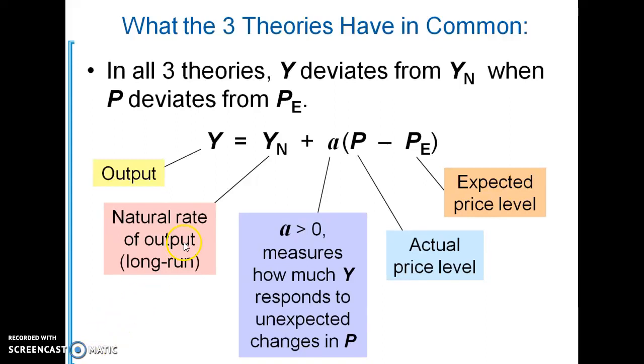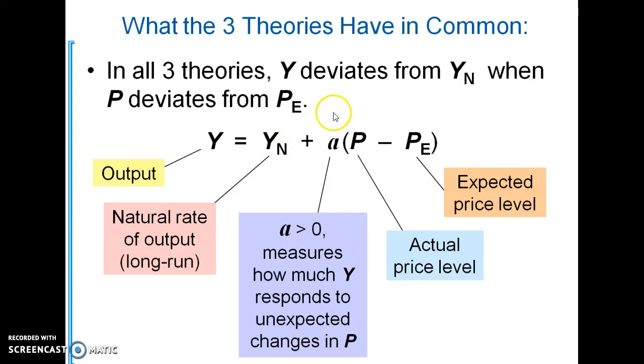So with the three short-run theories of why aggregate supply can vary, just looking at it with an algebra equation, you can kind of see how you can end up with production above or below your natural rate. So yn is your natural rate of production. So think your long-run max production level in your economy.